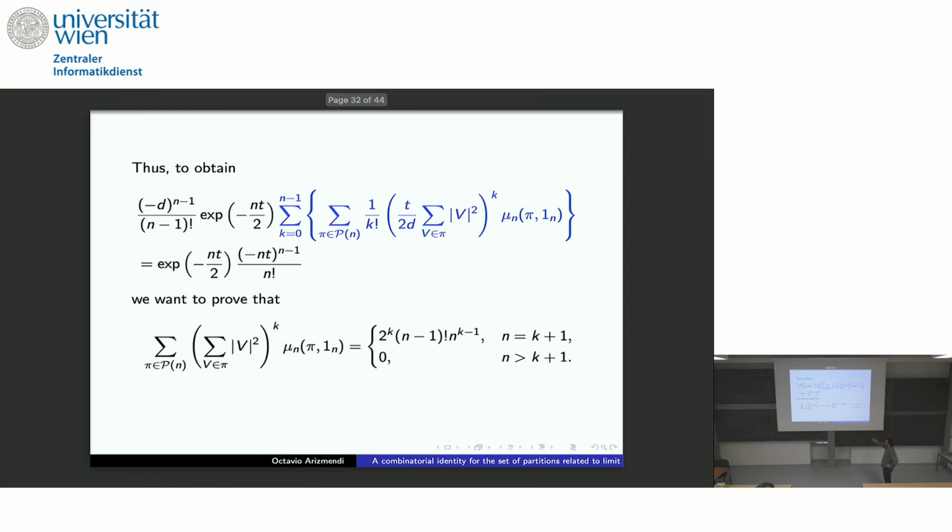You see, this d is to the k, and k is smaller, so this goes to infinity unless this is 0. So it should be 0 for k from 1 to n minus 2, and should be exactly this expression for k equals n minus 1. This is the question that we try to solve.